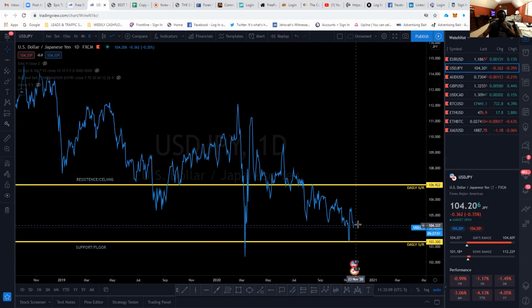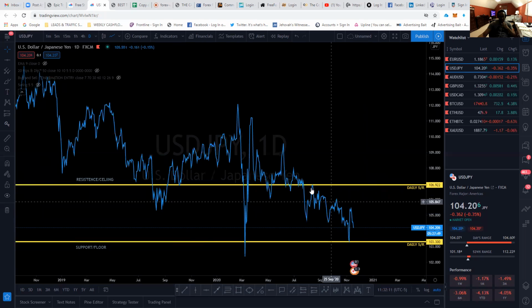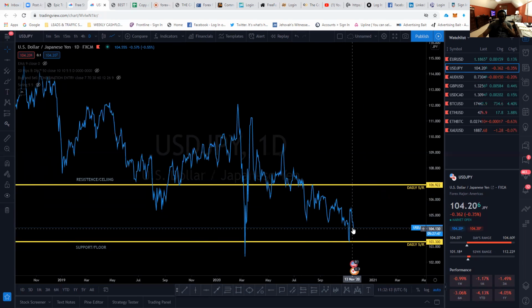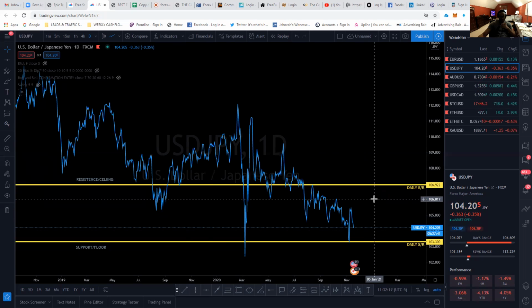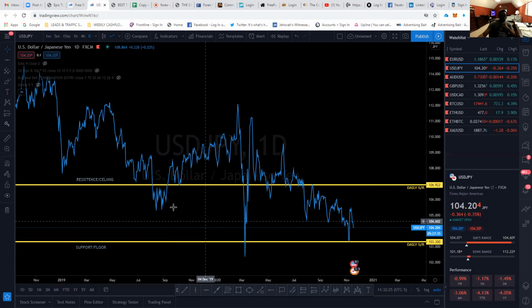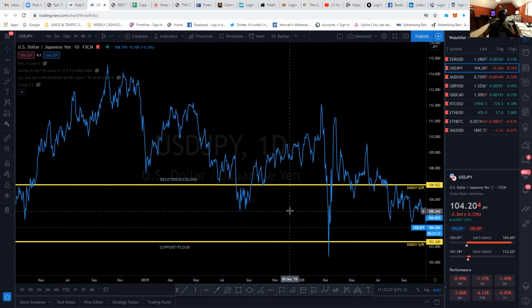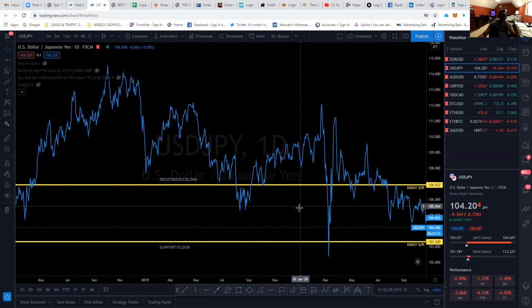Probably at this point, if you were to carefully look at this, you probably would have to figure out if this trend is almost done going down, and maybe it might reverse and go back up again, or is it going to continue to go down and break the structure and go down further? That's what you got to figure out if you were a swing trader or a daily swing trader or day trader.